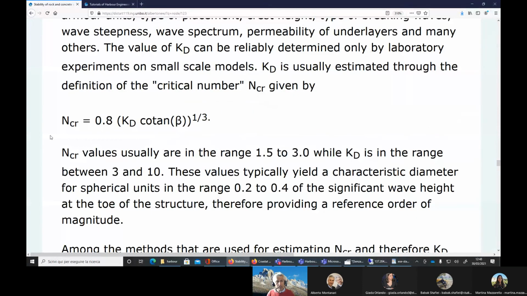I need to take this relationship and invert it. So how to invert it? First of all, I have to take the power of 3 of both members, so NCR to the power of 3. And then divide NCR to the power of 3 by 0.8. Divide it by cotan beta, and I get KD.